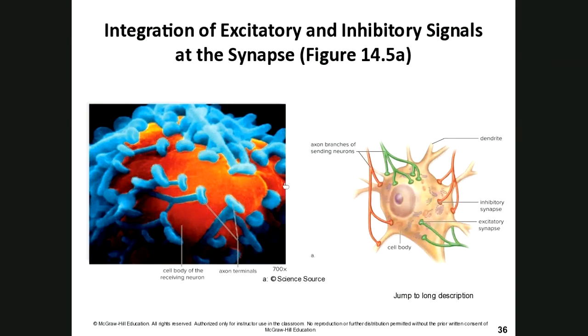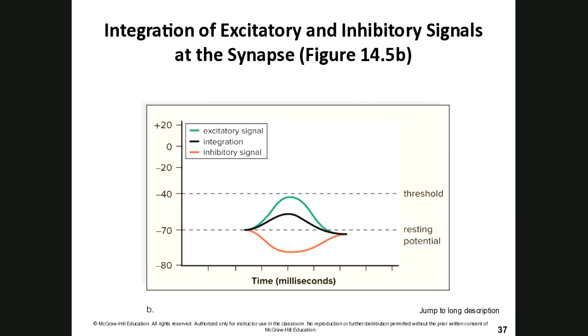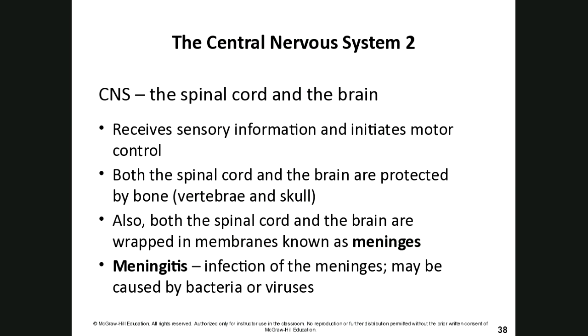So how this receiving cell receives them and what it decides to do just depends on the sum total of excitatory and inhibitory signals that are received. So if we have this integration that's going to be determined, like I said, if we have more excitatory signals than inhibitory, then we can get an action potential, or we could just not get one. So it's an integration of everything coming into that receiving cell.